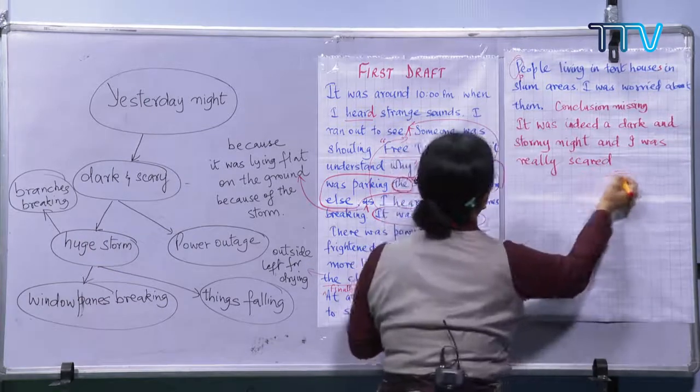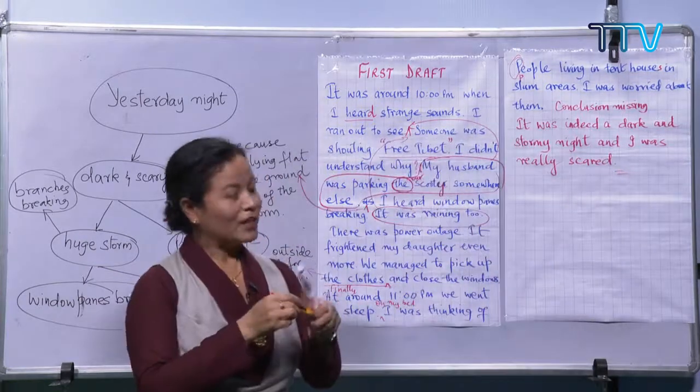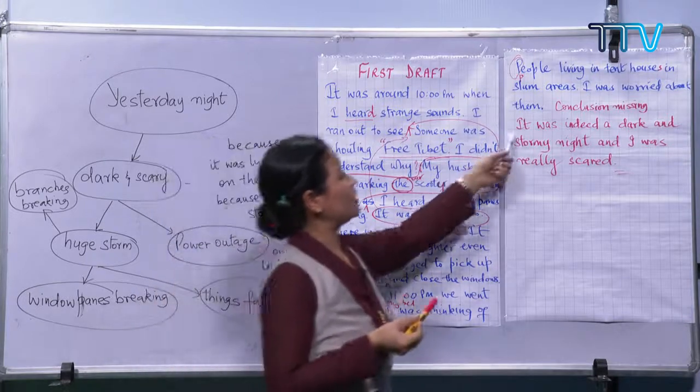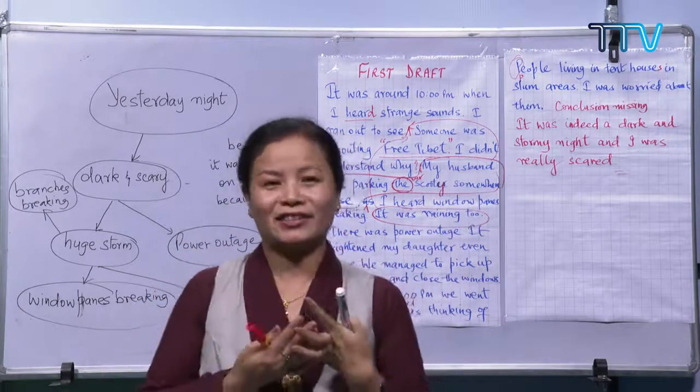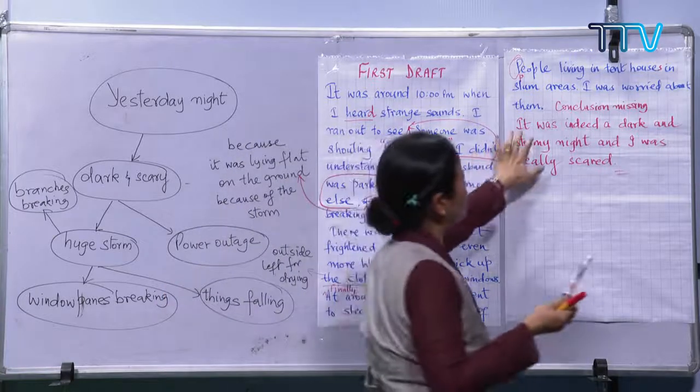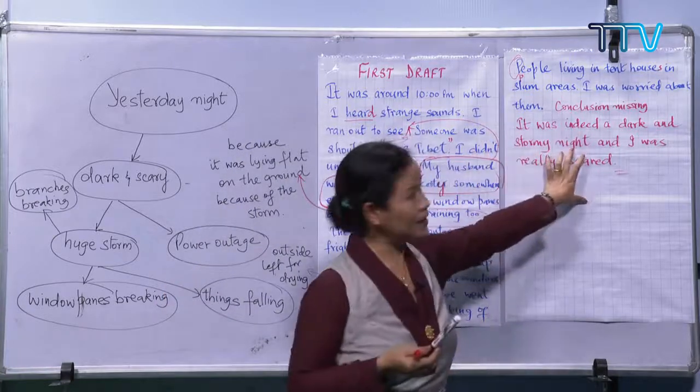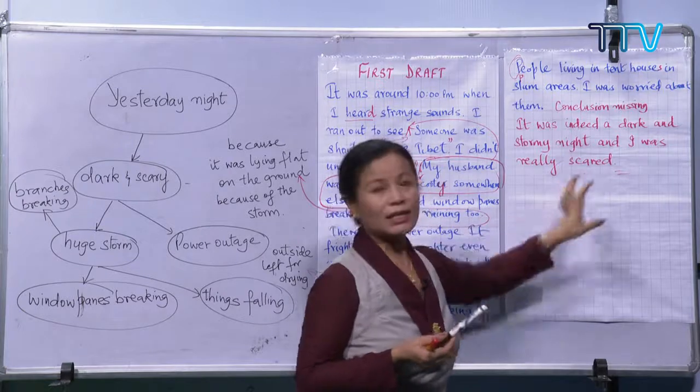Okay. Now, the last sentence in a way serves my purpose of expressing that I was scared. Okay, not just for conclusion. It was indeed a dark and stormy night, and I was really scared.